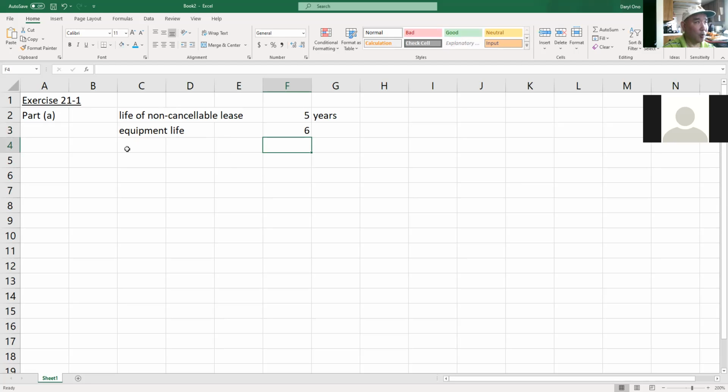Okay, so the percentage of equipment life is equal to 5 divided by 6, 83%.